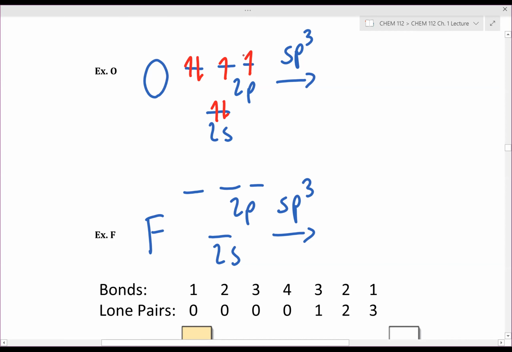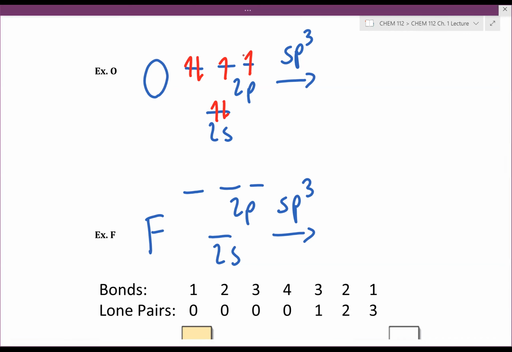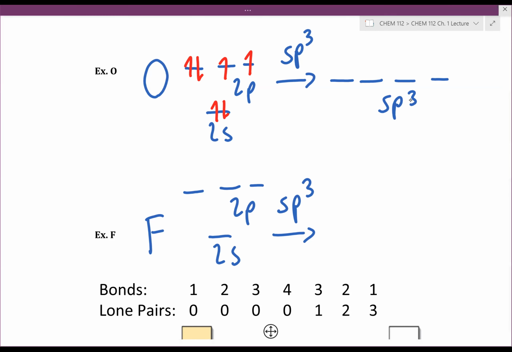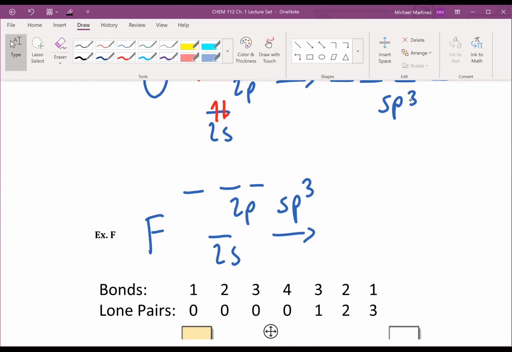When we hybridize oxygen, we're going to generate a total of 4 hybrid orbitals. So these are our sp3 hybrid orbitals. And into these hybrid orbitals, we're going to place how many electrons? 6.